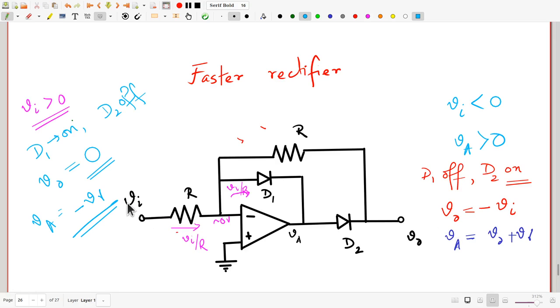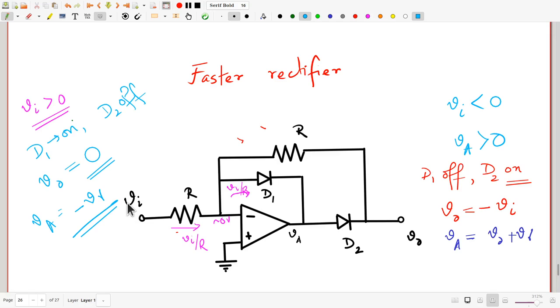So it's sort of behaving in the opposite manner to a standard conventional rectifier. If you want to make a conventional rectifier out of this, you can put in an initial inverting amplifier stage with gain minus 1 between the Vi and this circuit, which will cause the circuit to behave like a conventional standard rectifier, which gives you a Vi output whenever Vi is positive and 0 output whenever it's negative.